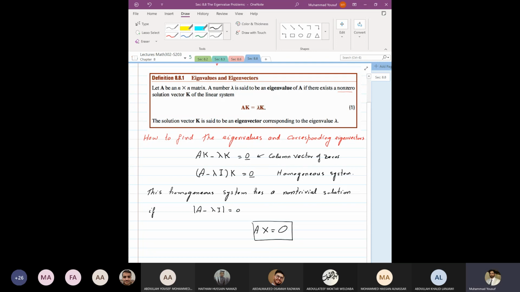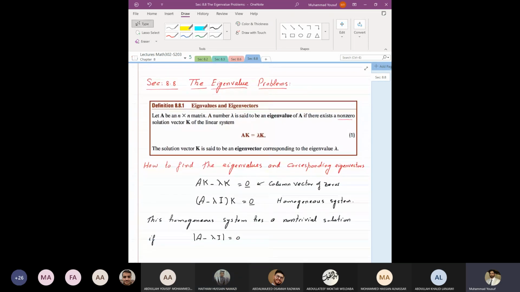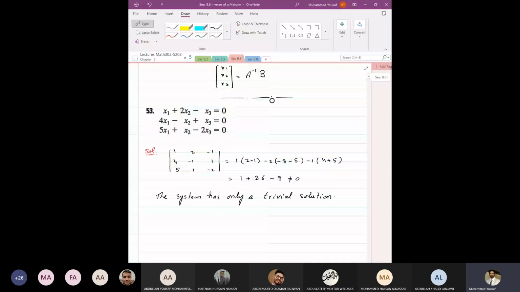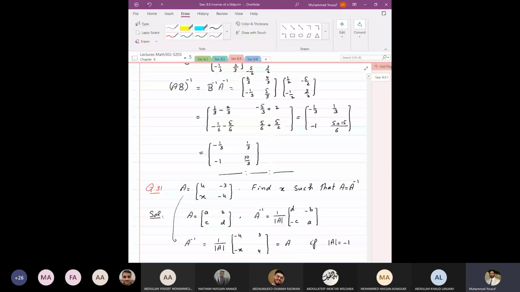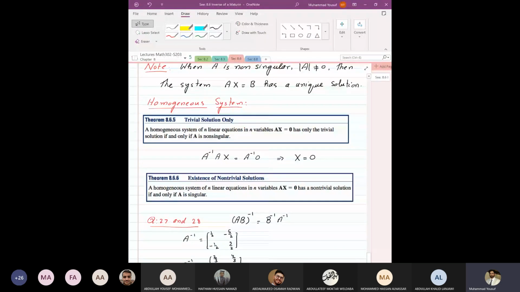It has a non-trivial solution if A is singular. Singular, non-trivial; non-singular, trivial. Yes, you write it. Actually, it is written here in the previous section 8.6. You see here these two theorems: trivial solution, non-trivial solution.